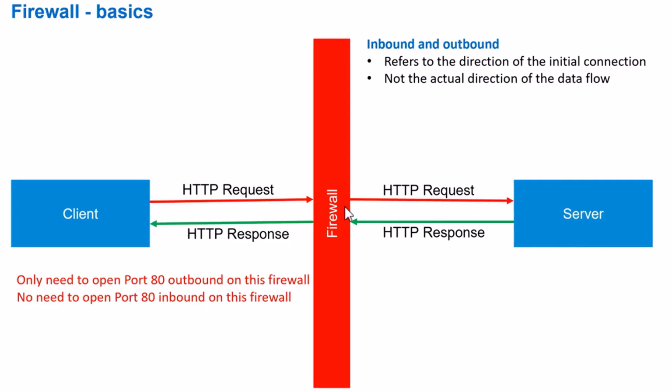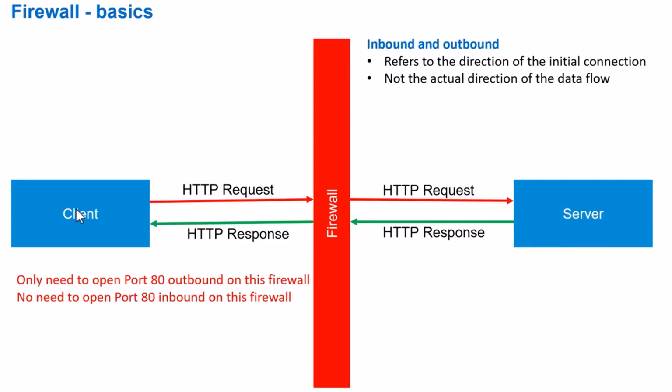So it goes through the firewall on either port 80 or 443, and then the server sends the response back. So the question is, do I need to open port 80 inbound on this firewall as well? The answer is no. You don't need to open port 80 inbound on this firewall. The way inbound and outbound work, they refer only to the direction of the initial connection.